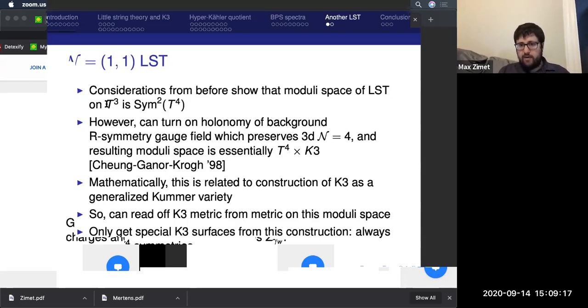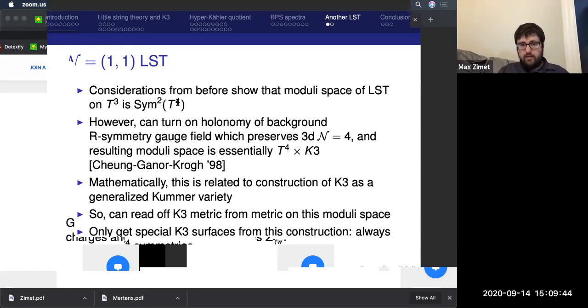Then we again compactify it on a 3 torus, and the moduli space is Sym^2 of T4. But because this has 16 supercharges, not just 8 like we were dealing with before, there's a spin 4 R symmetry group. But we only really care about preserving the spin 2 R symmetry group of a generic N=2 theory.